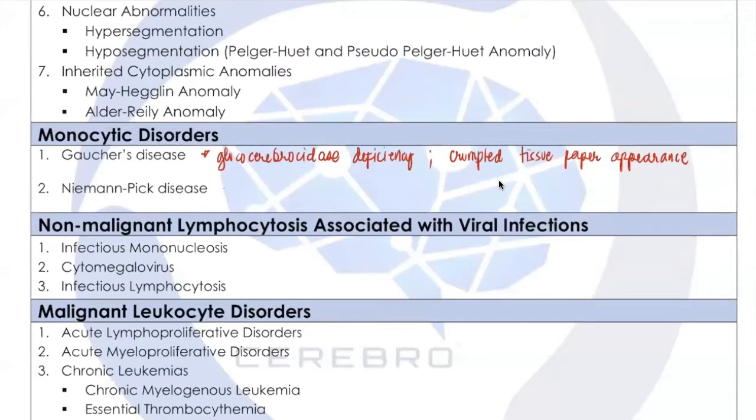On the other hand, Niemann-Pick disease is because of sphingomyelinase deficiency. Similarly, because of the deficiency in this enzyme, sphingomyelin accumulates in our macrophages or monocytes, because remember, macrophages arise from monocytes. Because of the accumulation of sphingomyelin inside these monocytes and macrophages, it gives them a foamy appearance.